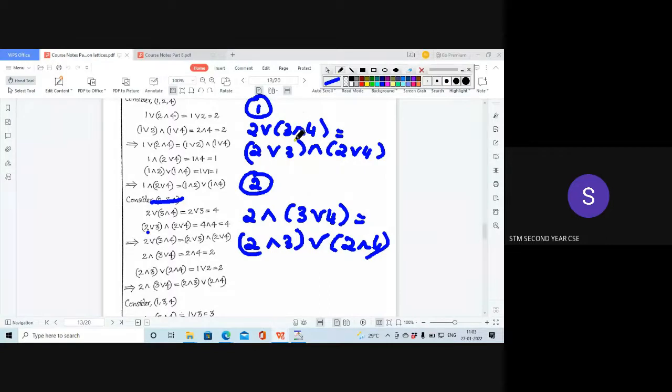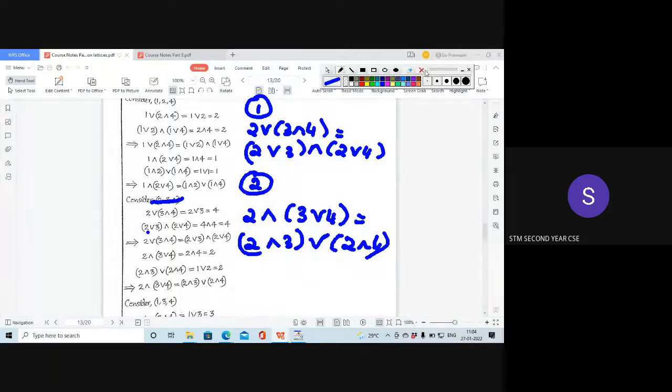Here we look at the lattice and find out the meet and join, that is the greatest lower bound and the least upper bound, and substitute. Finally you should get that these two sides are equal. Only then the distributive law will be satisfied. The LHS should be equal to the RHS.